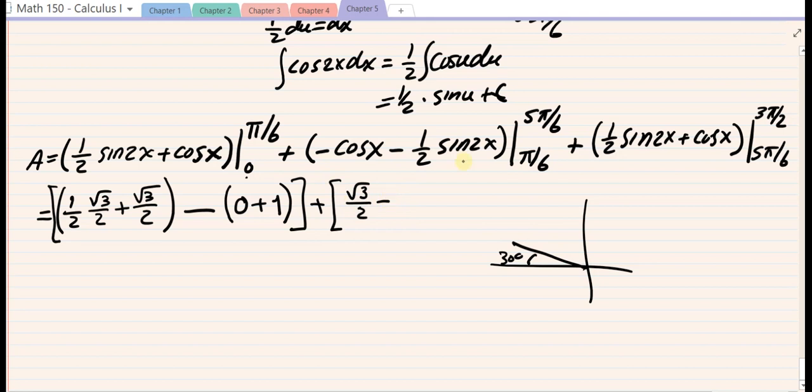Minus 1/2 sine of 2 times 5 pi over 6. That's going to be 5 pi over 3, right? So let's see: 60, 120, 180, that's 3, 4, and there is 5 pi over 3.